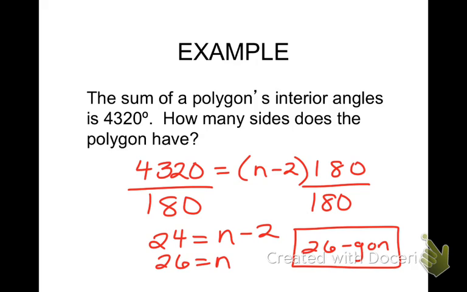All right. So now, what happens if I turn my shape into a regular polygon? Remember, regular polygon means all the angles and all the sides are congruent. So if all of the angles are the same, what do I do to the sum of the angles to get just an individual angle?